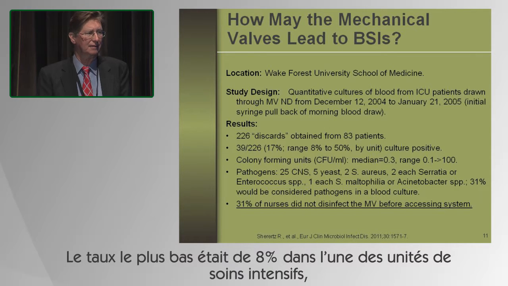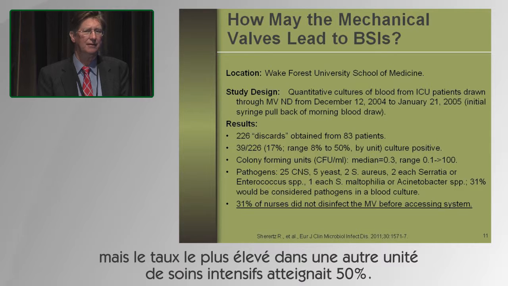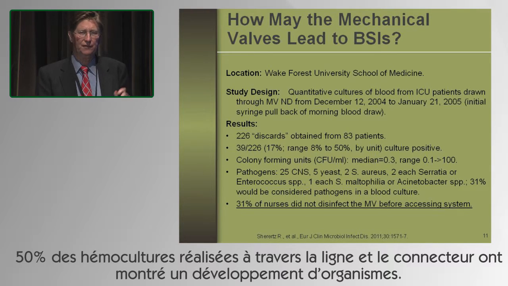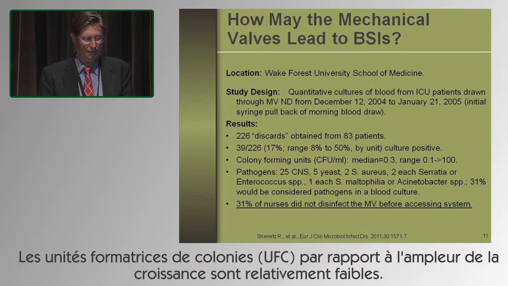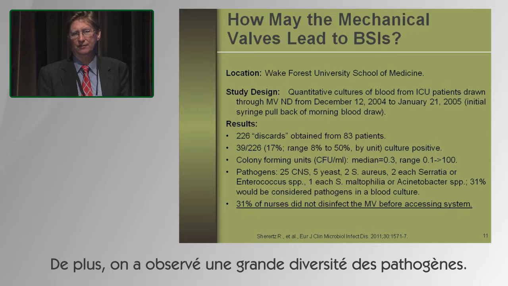They had 7 different ICUs. The lowest rate in one ICU was 8%, but the highest rate in another ICU was 50%. That's 50% of the blood cultures obtained through the line and the connector growing an organism. The colony-forming units, or the magnitude of growth, was relatively small, and there was wide diversity in terms of pathogens.